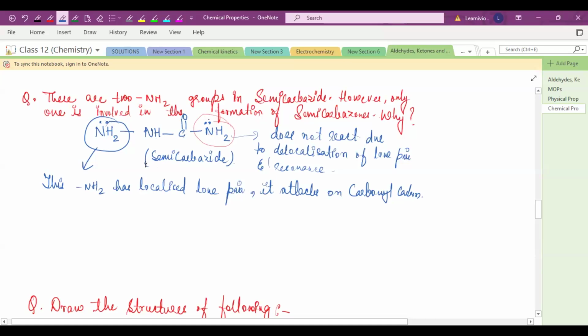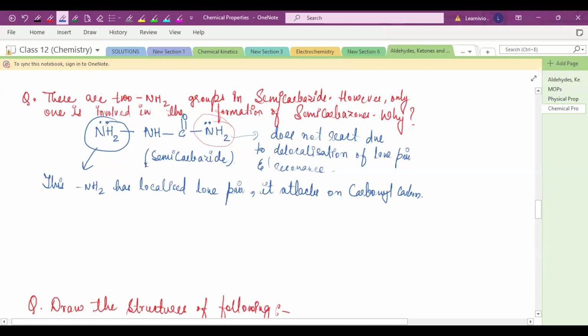Due to the delocalization of the lone pair in resonance, it will not react and will not act as a nucleophile. Its nucleophilicity is very low, because of the involvement in resonance, due to the delocalization.